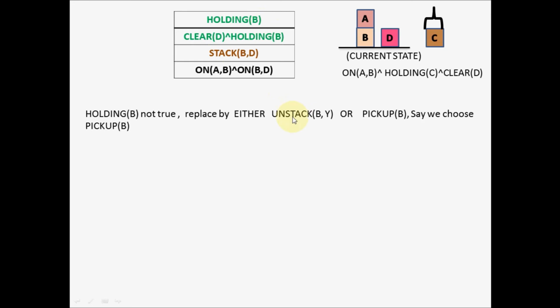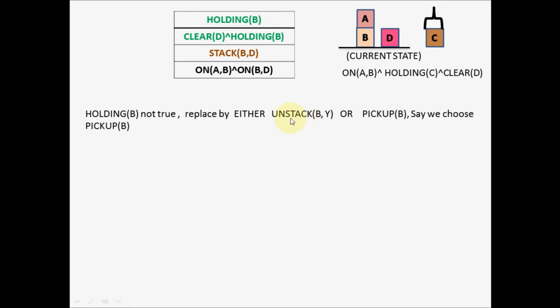Now please note, unstack action also has in its add list holding predicate. Pickup action also has in its add list holding predicate. Which action are you going to choose? You have to be wise enough.